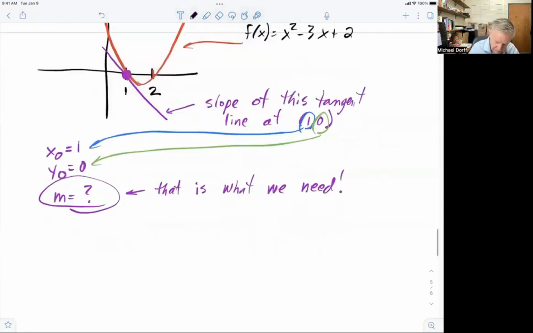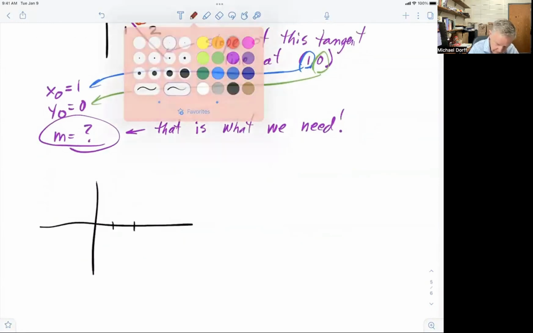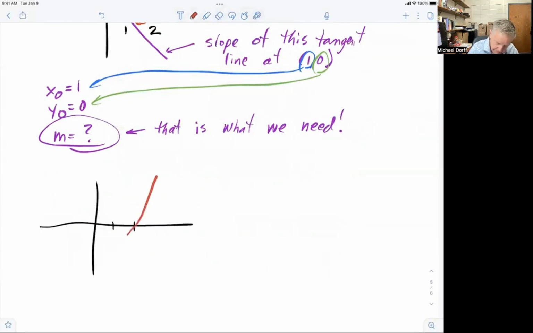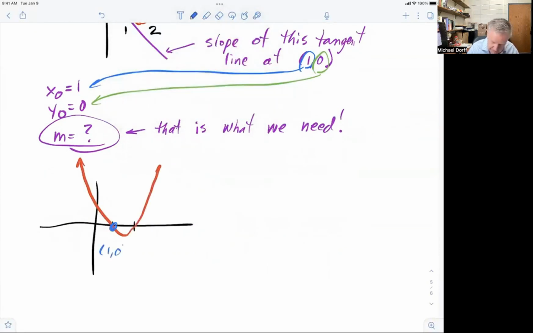Well, if I look at my curve here in red, it looks something like this. We're going to take the point (1, 0) that we had, and another point on the red curve. Another point is (3, 2). That's part of the parabola, and I could find the slope of this.